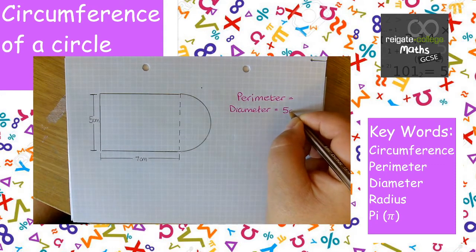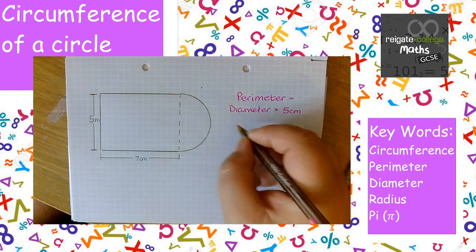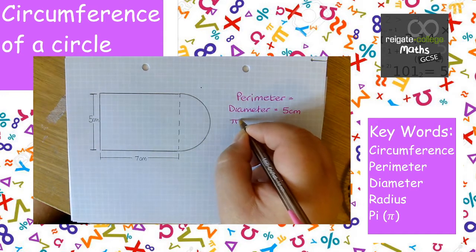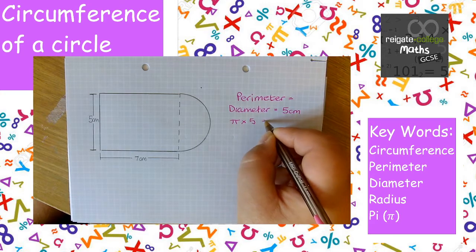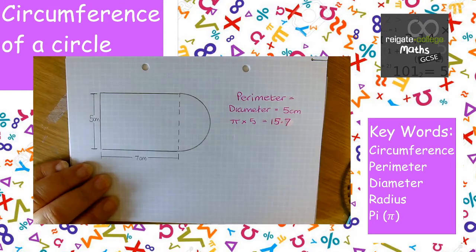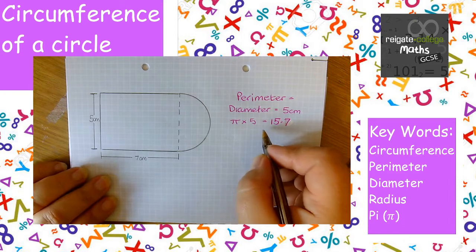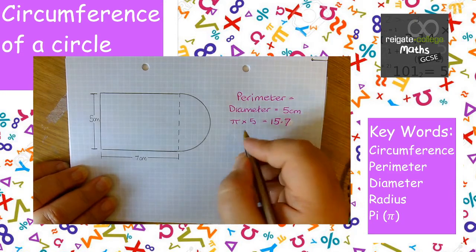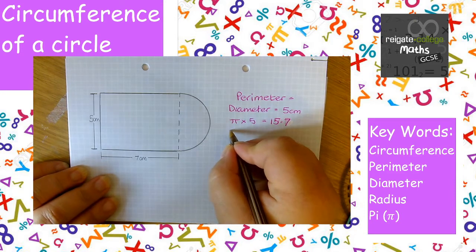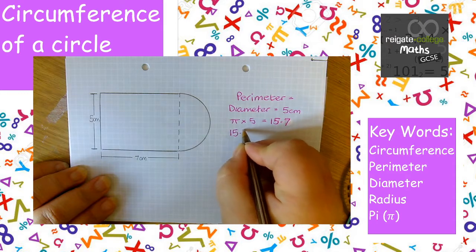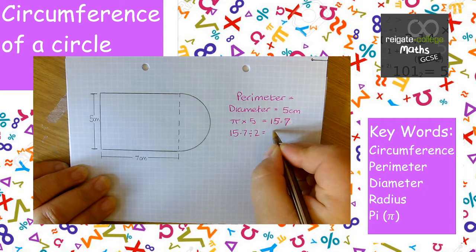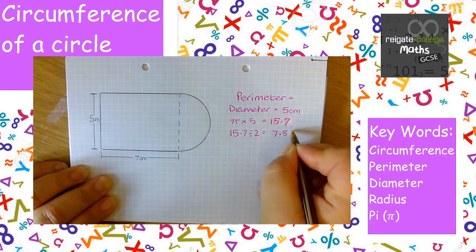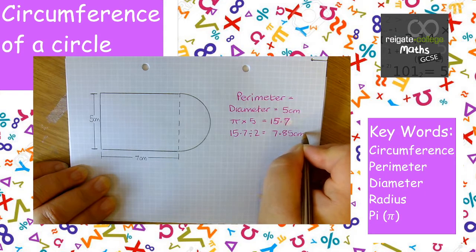So with a diameter of 5 centimetres, the calculation for the circumference will be pi times 5. If the total circumference of the circle is 15.7 and we need to divide that by 2 to find the semicircle, that's a measure of 7.85 centimetres.